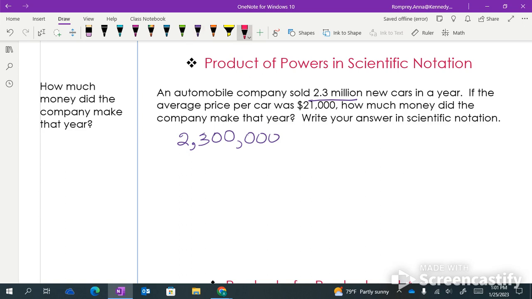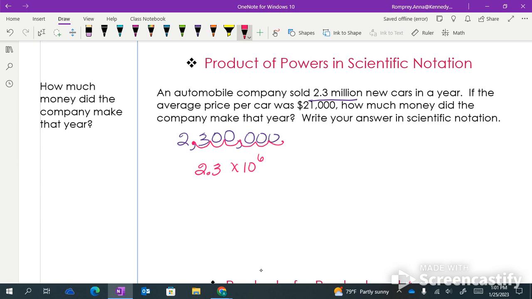If we go to write it in scientific notation, hopefully you remember, you move that decimal place until you just have one number in the ones spot, and then whatever's behind it, you can just keep. My decimal is now back here, so I move 1, 2, 3, 4, 5, 6 times. So 2.3 times 10 to the 6th.